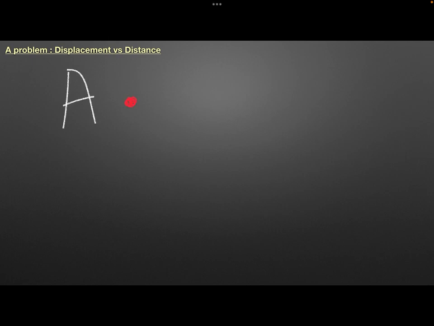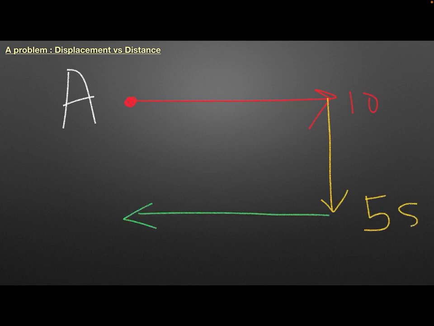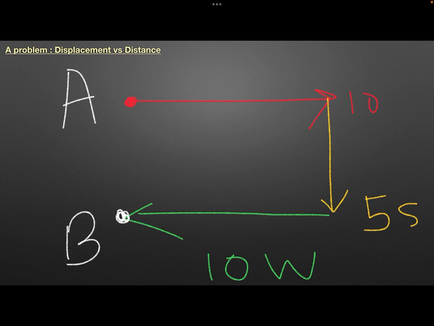Suppose A is a point and we are moving 10 kilometer east and then 5 kilometer south, and then again we are moving back 10 kilometer west, and we can make it a point, B. And we have all traveled this path, 25 kilometer, and someone very clever wants to travel from A to B. He will do something different.